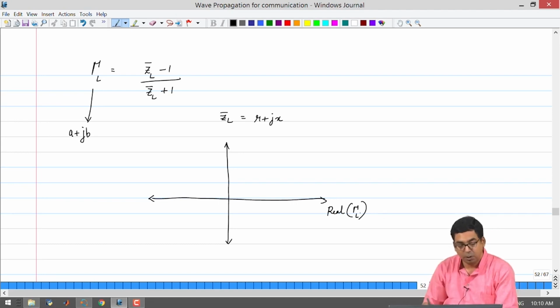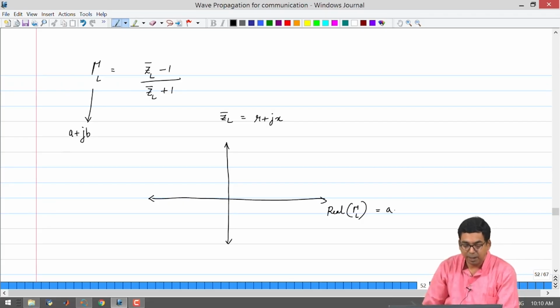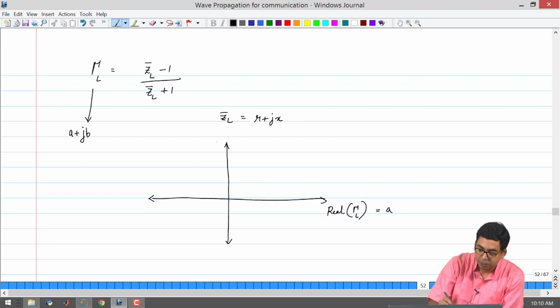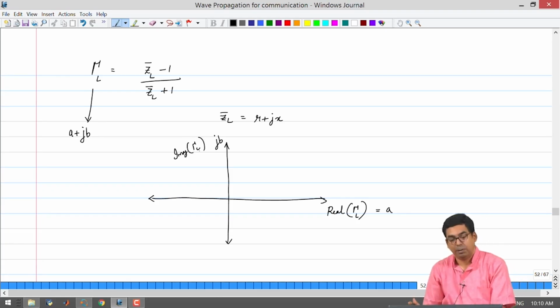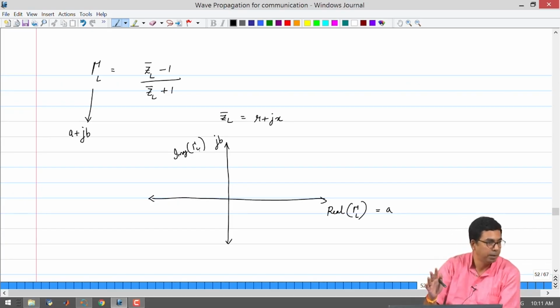So, the real part of gamma L, which in our lecture is going to be denoted by A, so you could also say that this is equal to A, and the vertical axis is going to correspond to jB, or the imaginary part of gamma L. I am going to take fixed values of R and X, calculate the value of gamma L, and make a plot. That is all I want to do, and any other inferences I will draw once I have completed the plot. This is the exercise.